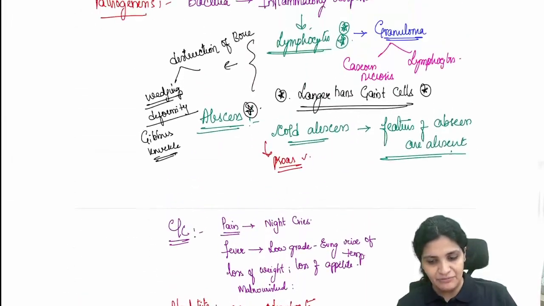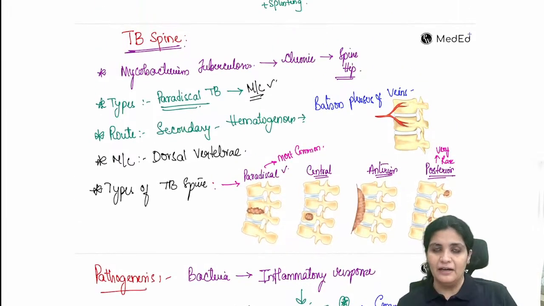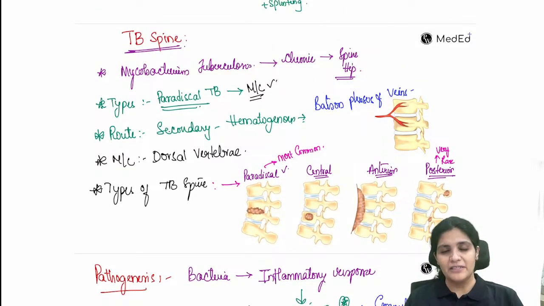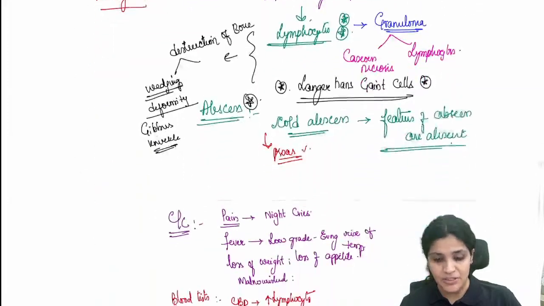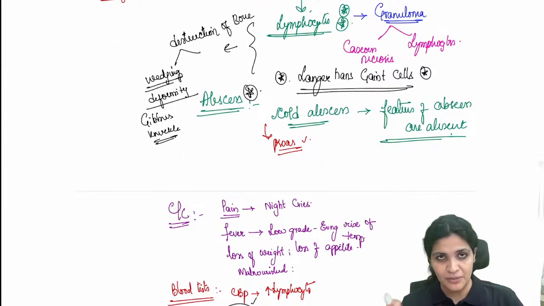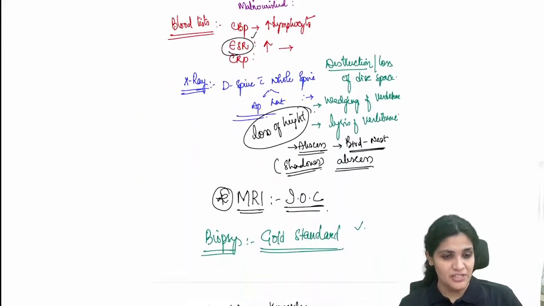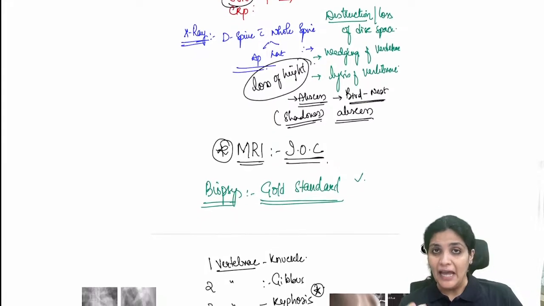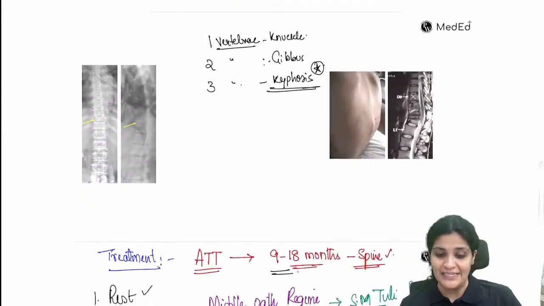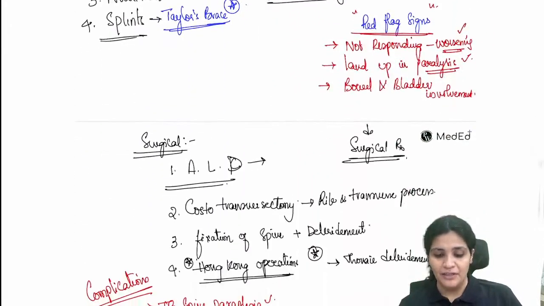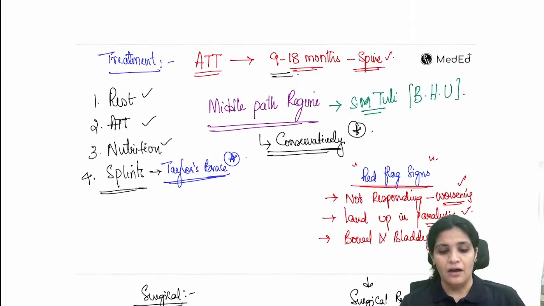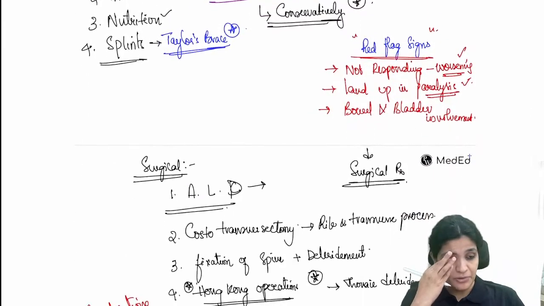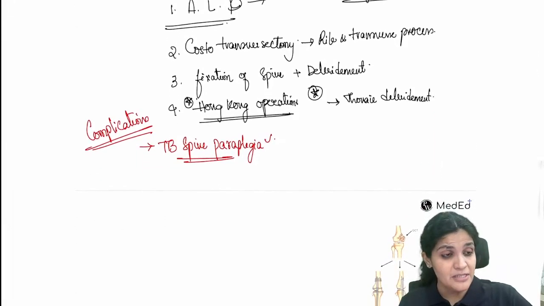Start from the definition, why TB, which is Mycobacterium tuberculosis, the bacteria, then the types of tuberculosis, the pathogenesis of TB, how the patient presents with clinical signs and symptoms, how you investigate with X-ray and MRI, and how you treat patients. These are the conservative treatment by ATT, and then you have your surgical procedures. So that is about your TB spine.